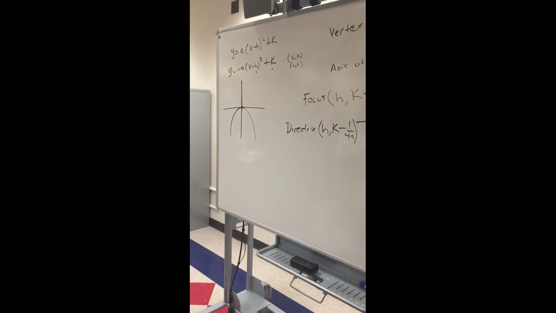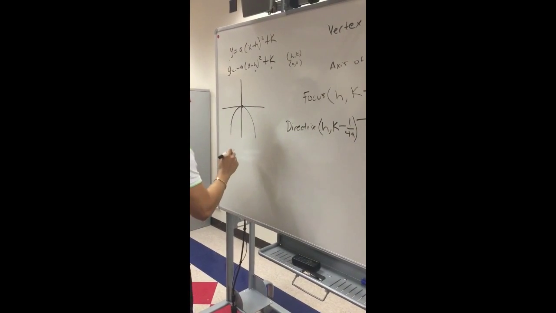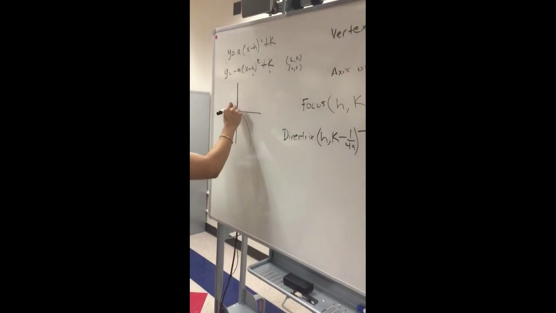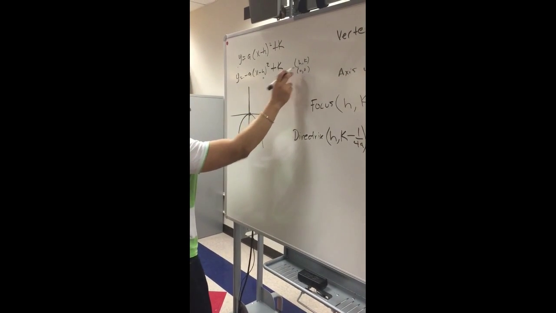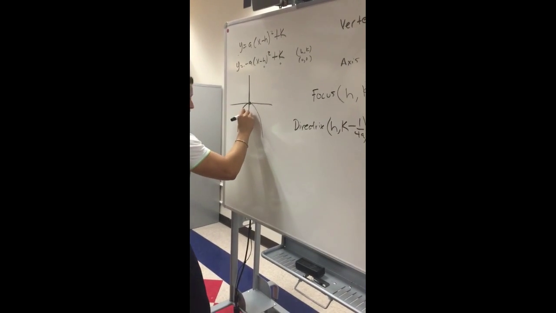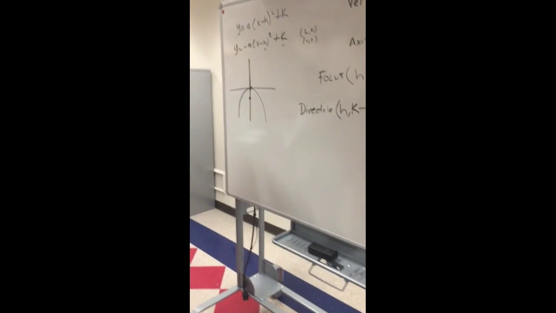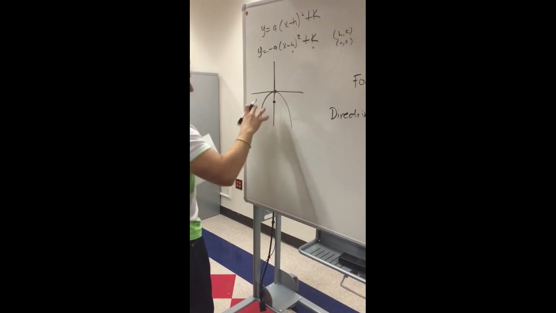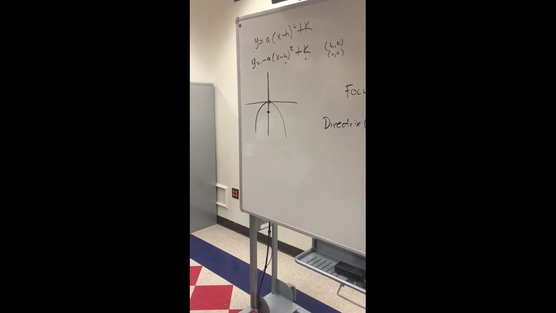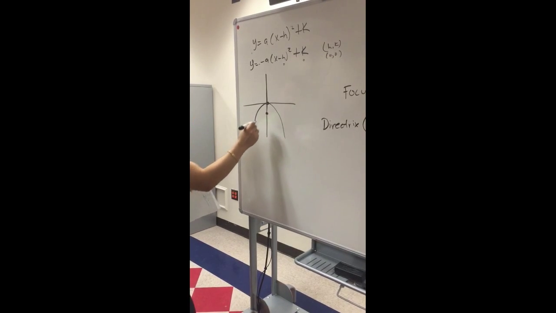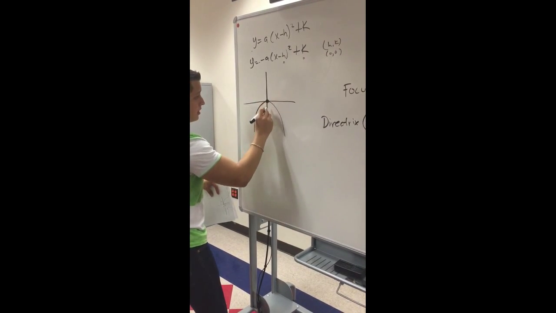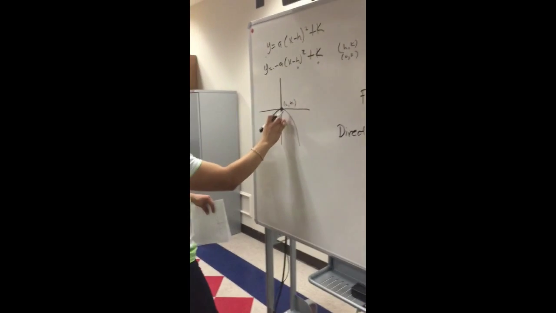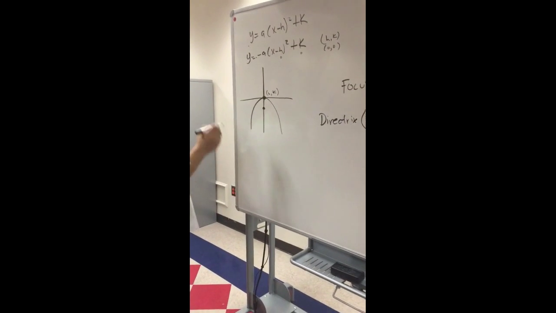Now for the focus, that's where it changes a little bit, because we're going to stay with h as well. The focus is going to be somewhere over here, because since it's opening down, and the focus has to be inside the parabola, we're going to stay with h, k. But now instead of adding to k, we're going to subtract from k.